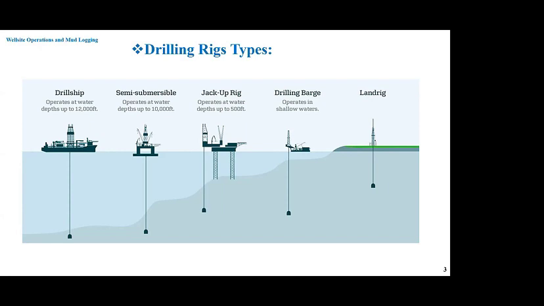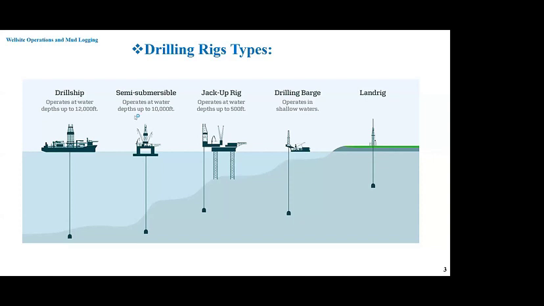As introduction for drilling rig types, you can find different classification, for example, offshore rigs and onshore rigs, but that doesn't make sense. The main idea is the operating environment of each rig. For example, drilling ship operates at water depth up to 12,000 feet.